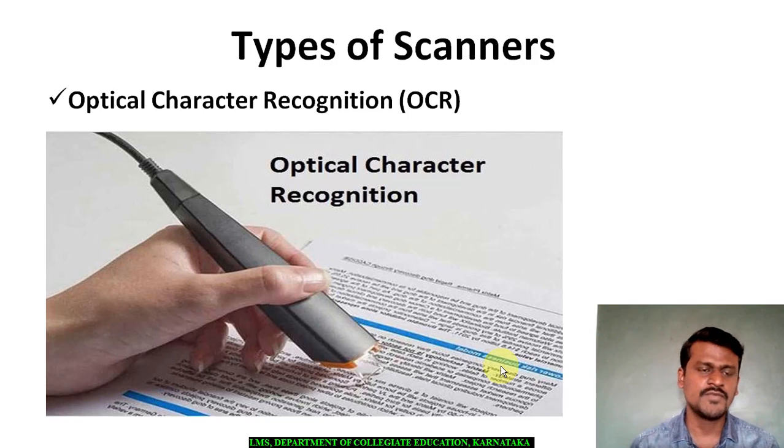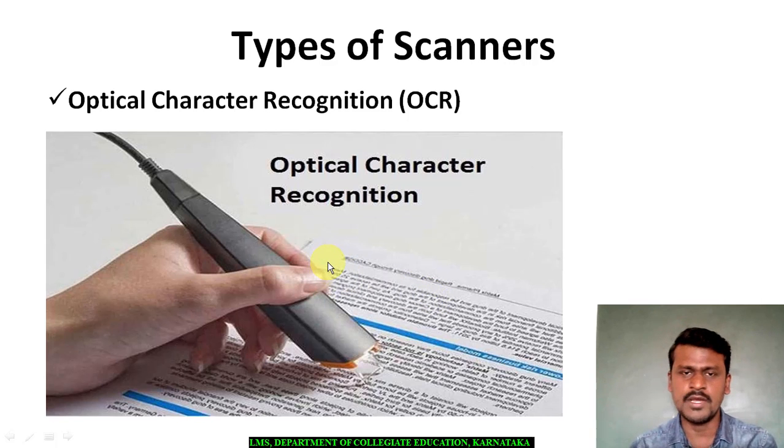in the computer. For example, this optical character recognition will read one sentence at a time or one word at a time. That word will be taken to this optical character recognition, then that will be transferred to the computer. In the computer, what it will do is, it will compare with the already stored characters.